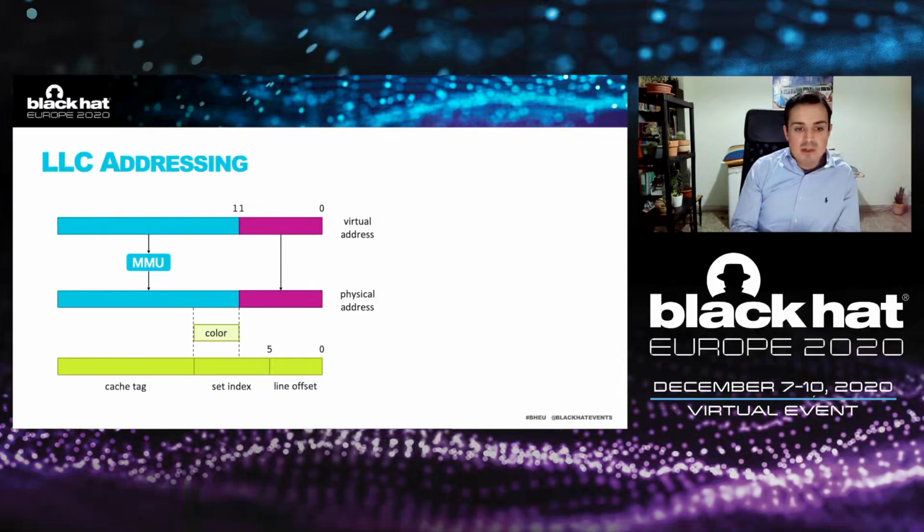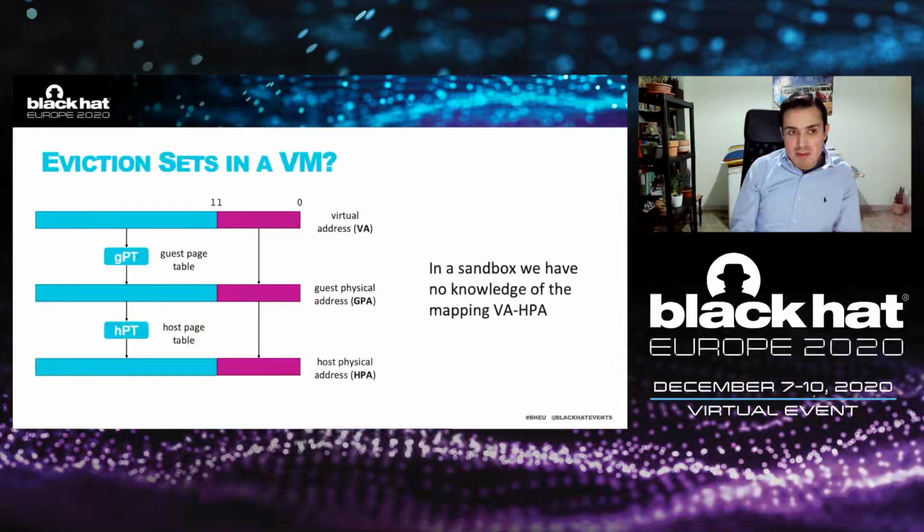And the slice is determined also by the cache tag. But the point is that inside a VM, you have a further level of indirection. Even if you know the correspondence between the virtual addresses and the physical addresses that are available to the operating system in the guest, there is this extra level of indirection because guest physical addresses need to be translated to host physical addresses.